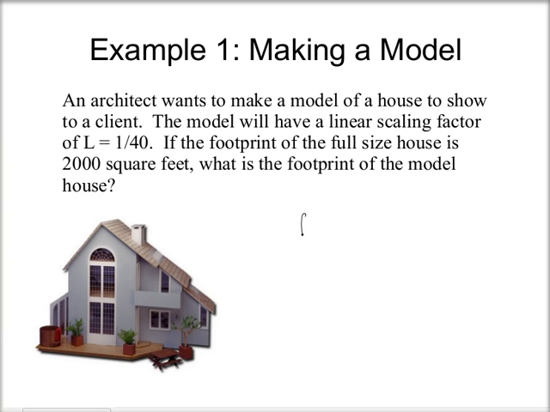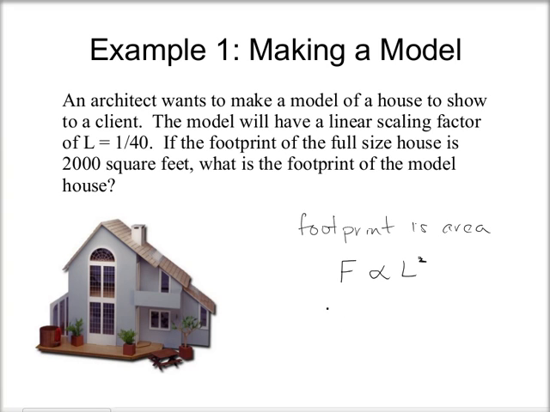Well, the footprint is going to be an area. It's just the area of the bottom of the house. So then it's going to be proportional to L squared, or scale like L squared.